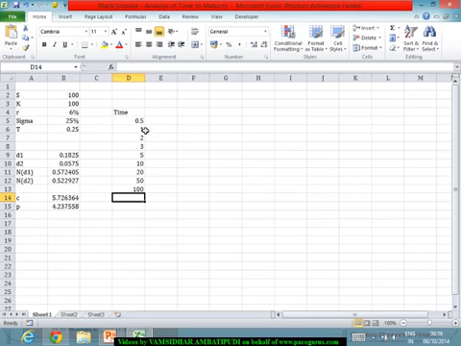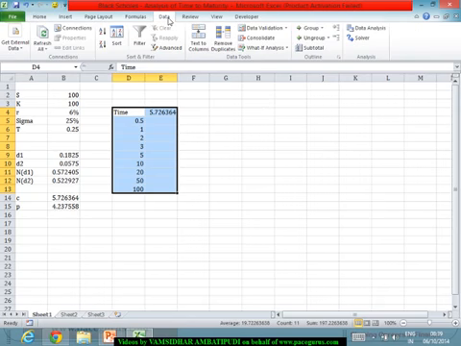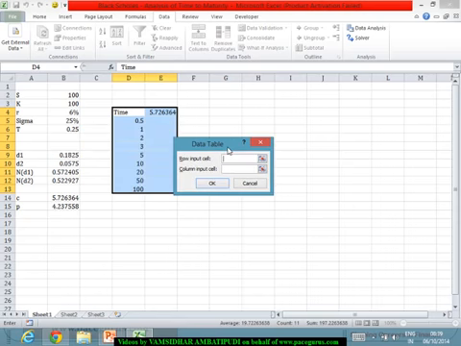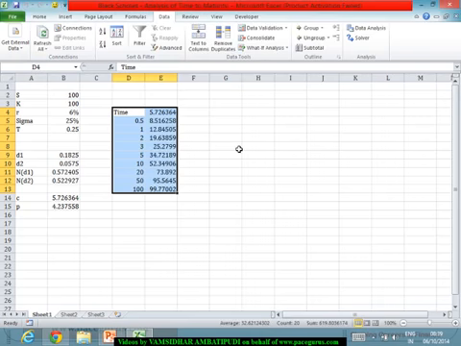If these are the possibilities of time to maturity, I want to find out the price of the call option in all these cases. So I'll use a simple what-if analysis called a data table to find the price of the call by replacing it here.